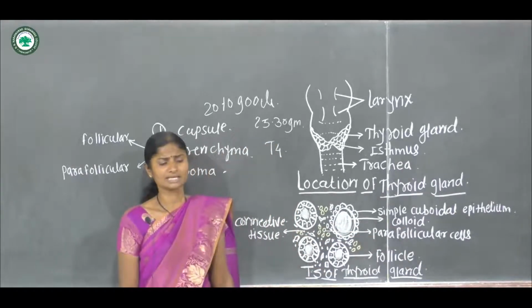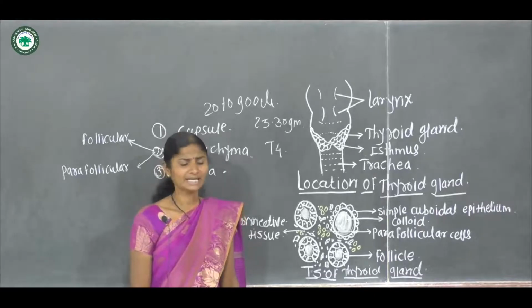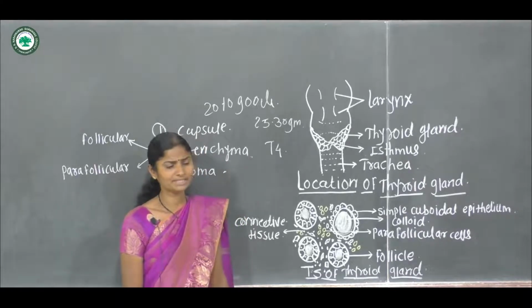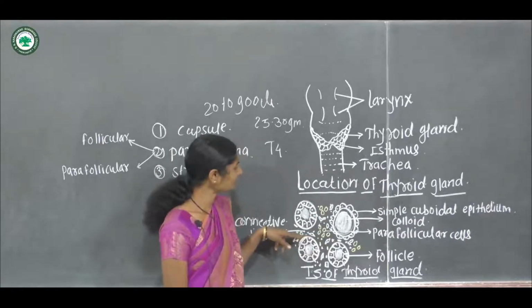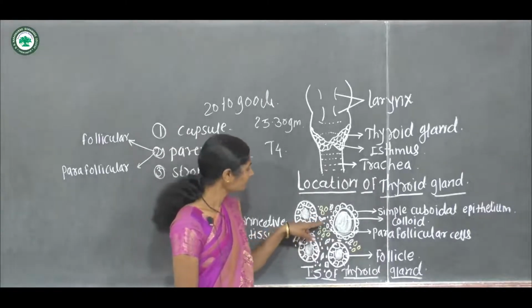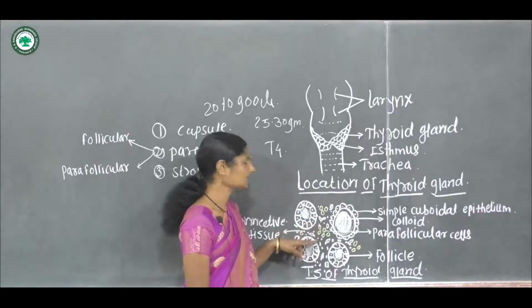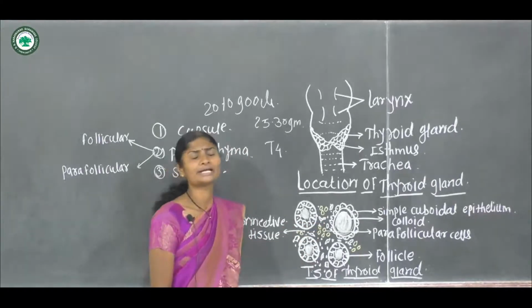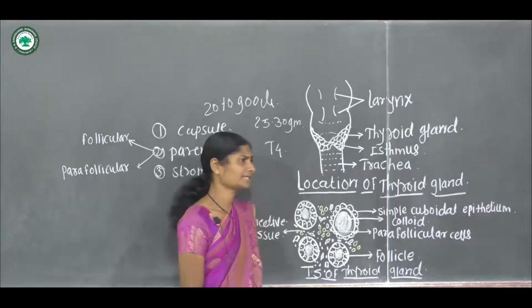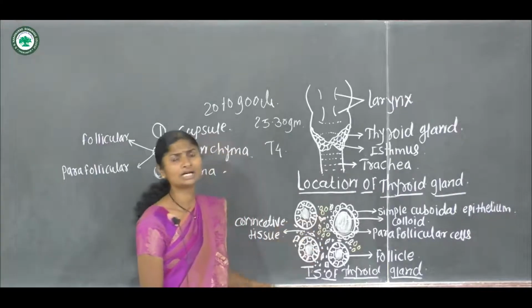Each follicle is surrounded by a delicate network of fibers, nerve fluxes, and blood capillaries, and reticular connective tissue is present in between the follicles.